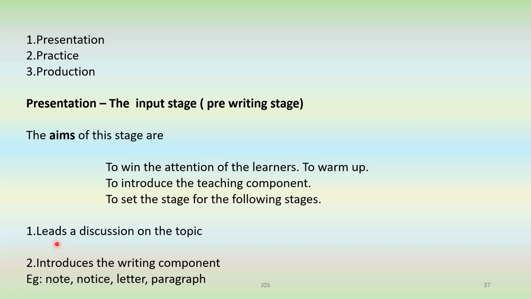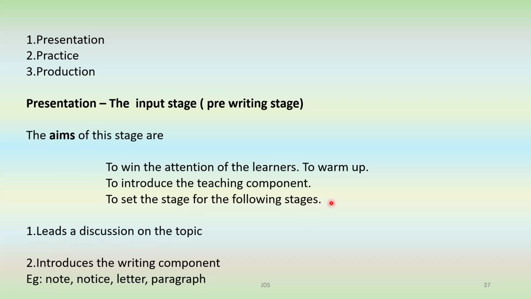Then, lead a discussion on the topic. These are the possible ways that you can start out the lesson, right? So you can play a game, or you can make them identify the format of different texts, or discuss something related to the topic. Introduce the writing component.